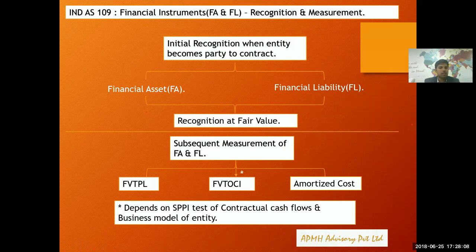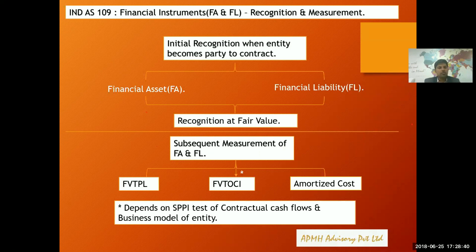So this is the strict requirement by IND AS 109 that on initial recognition, it has to be at fair value. Now what will happen on subsequent measurement? On subsequent measurement, which will generally be on the reporting date, you will classify your financial assets and liabilities in either of these three categories: FVTPL, that is fair value through P&L, FVTOCI, that is fair value through OCI, or amortized cost.